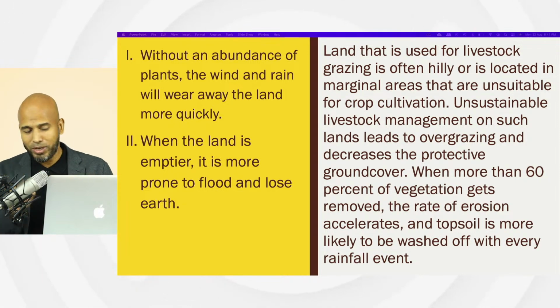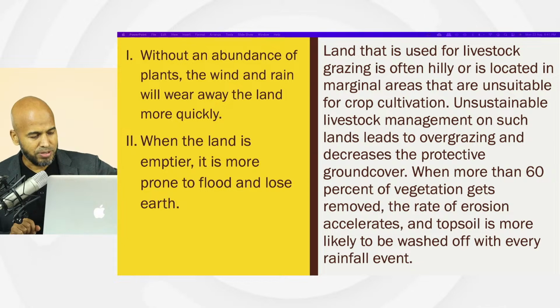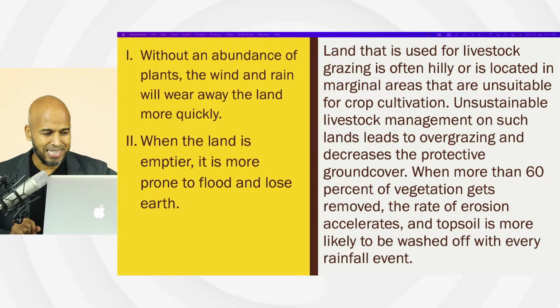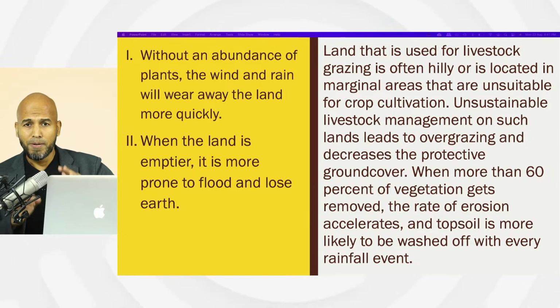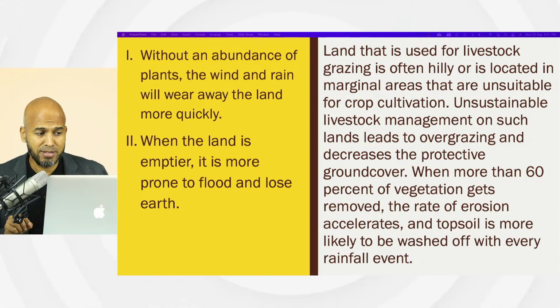Why is number 2 wrong? Because number 2 says when land is emptier. This part I would say for both 1 and 2 is similar: without an abundance of plants and when the land is emptier. For 1 and 2, the first part is almost the same. But if you consider the second part, the wind and the rain will wear away the land more quickly. Particularly wind will create some sort of erosion.